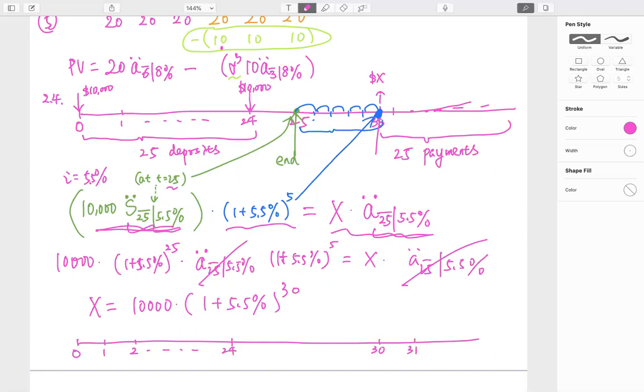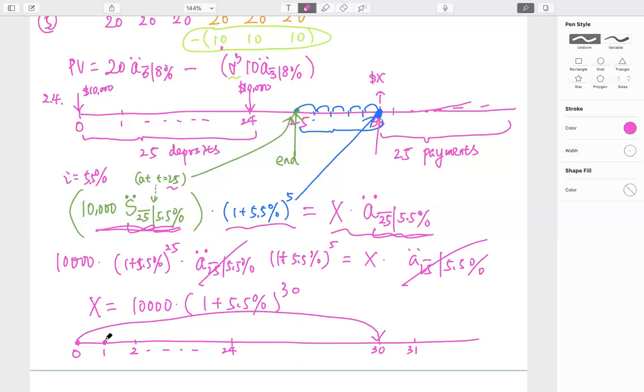Okay, so at time 0, Sandy deposits $10,000, right? And she will continue doing this 25 times. Okay, so the idea is very straightforward. The first deposit is used to finance the first withdrawal.